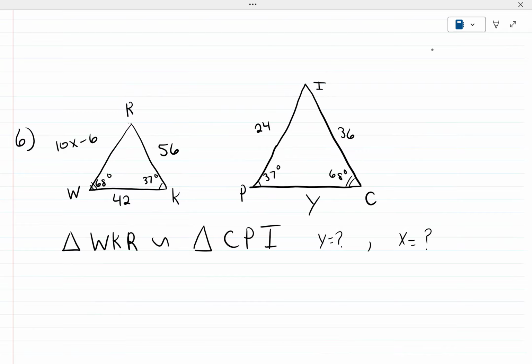Okay, so it looks like this is kind of backwards, right?